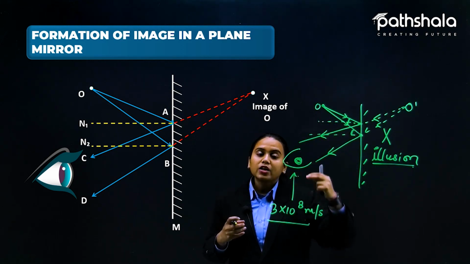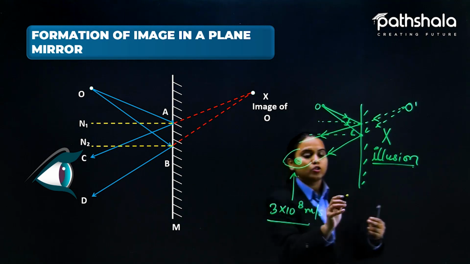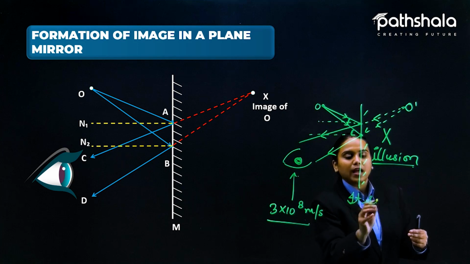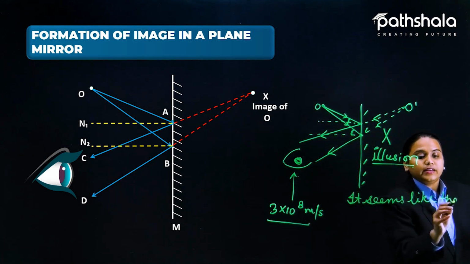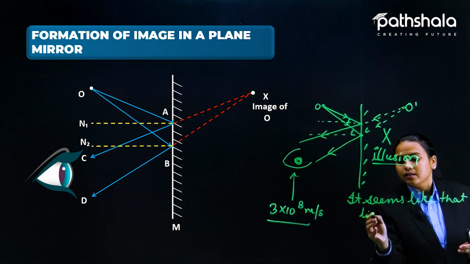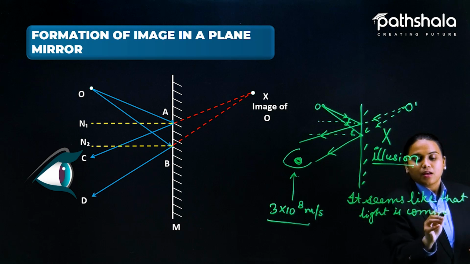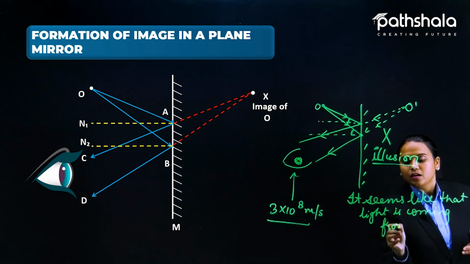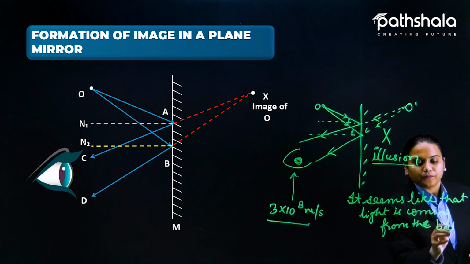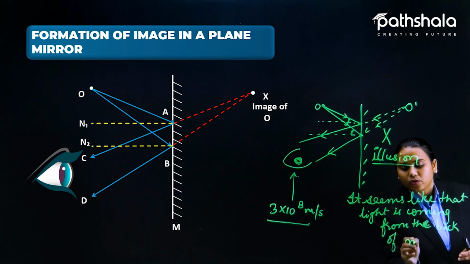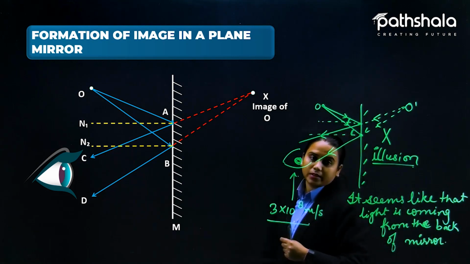So this is just our thinking, or we can say it seems like light is coming from the back of the mirror. This is what we are perceiving.